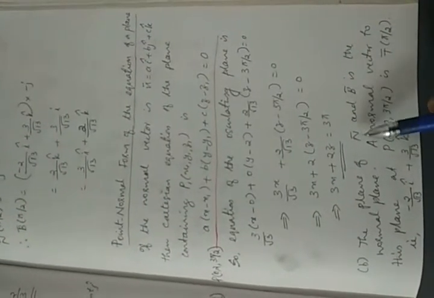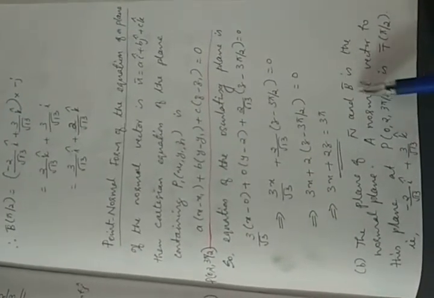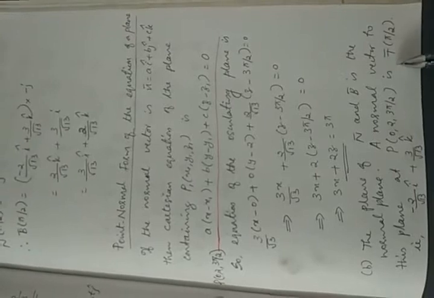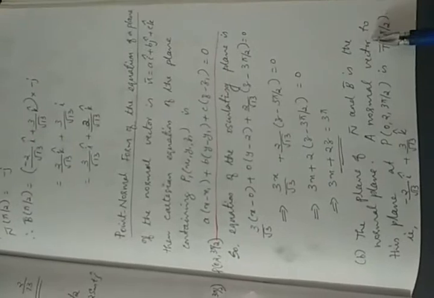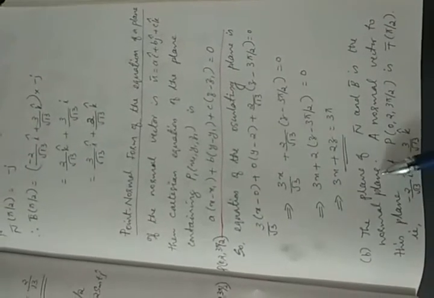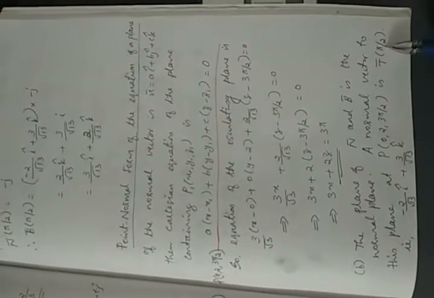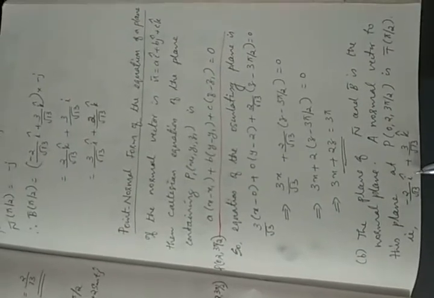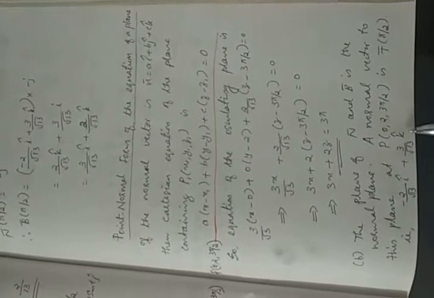The vector which is orthogonal to vector N and vector B is vector T. So a normal vector to this normal plane at the point P (0, 2, 3π/2) is given by T(π/2), and we got that T(π/2) is equal to −2/√13 i + 3/√13 k.